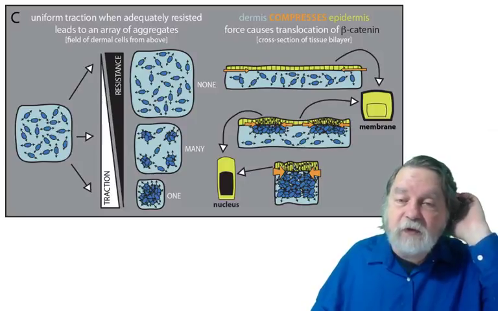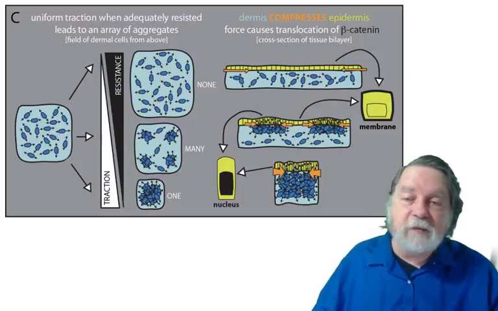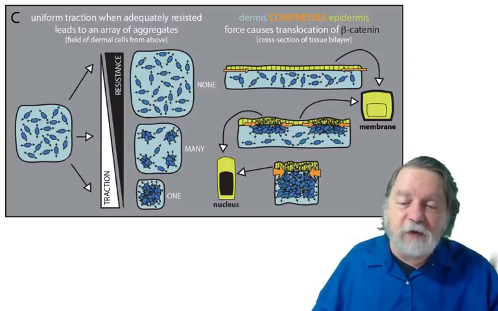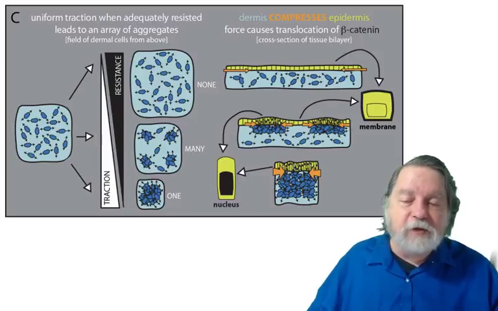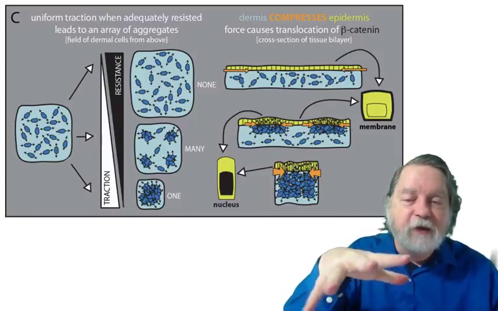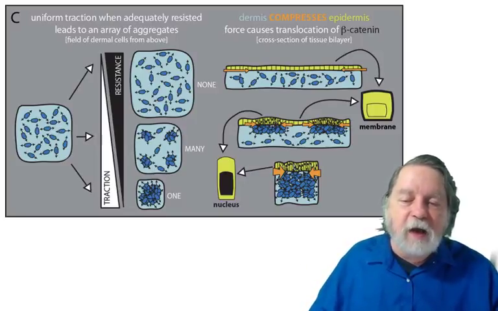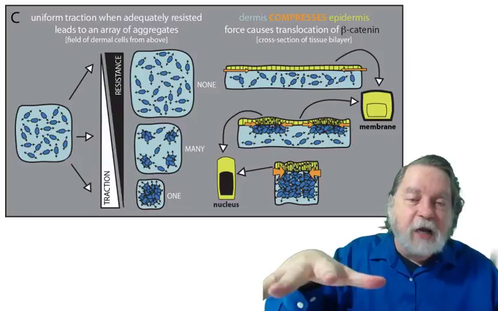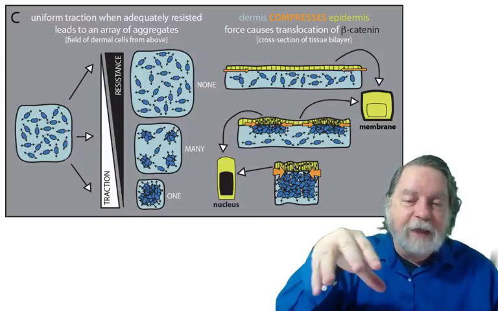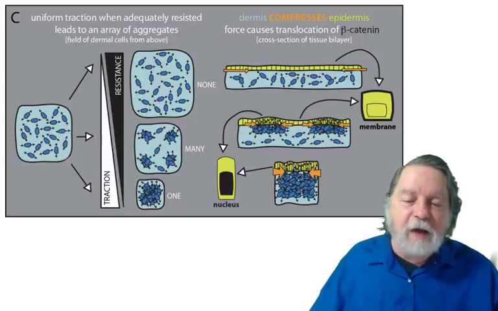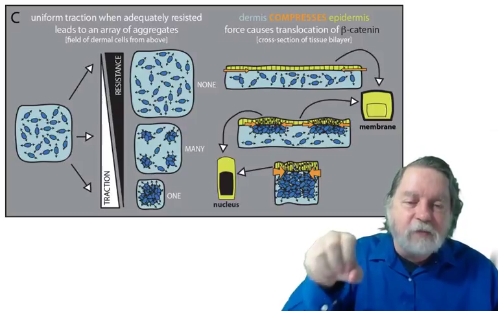If the resistance is so high, as we see in the diagram on the far left, the traction fails to compress the cells. They're just sort of futilely straining against the substrate. You get no localization of active beta-catenin. It's just kind of scattered all over the place. If traction is much higher than resistance, if it can tug a little bit on it, there's compression.